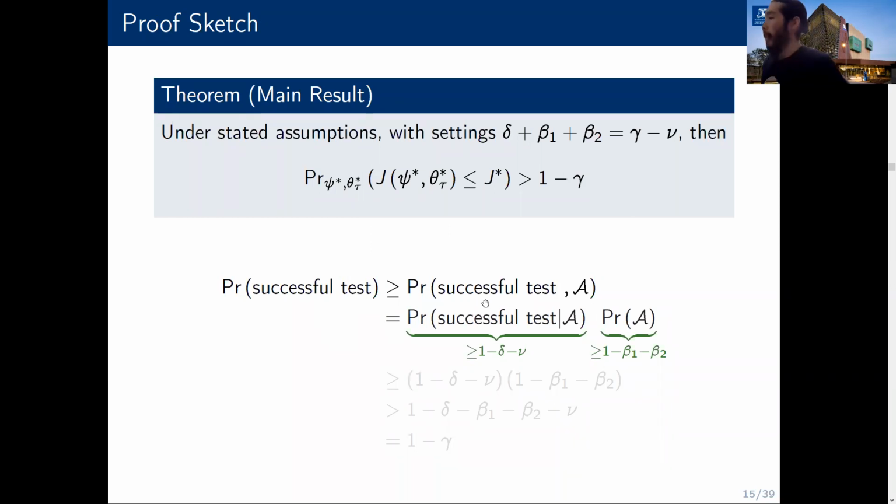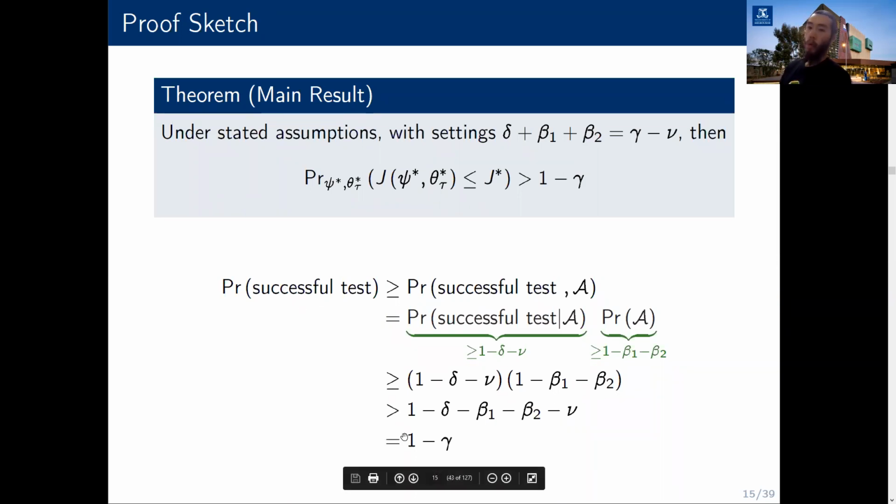And then it can be shown that this conditional probability is lower bounded by 1 minus delta minus nu, while this probability of this auxiliary event calligraphic A is lower bounded by 1 minus beta 1 minus beta 2. And so it then follows under the choice of algorithm settings here that this probability of a successful test is going to be greater than 1 minus gamma.